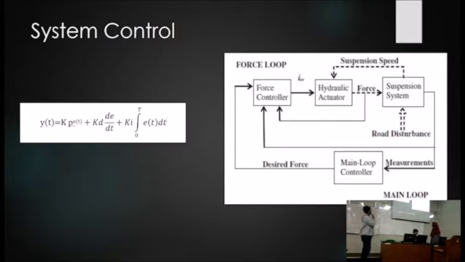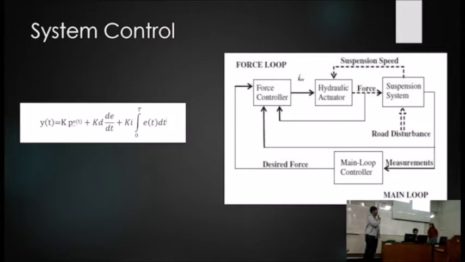First, Y(t) equals Kp, which means Kp is the proportional gain, e(t) is the error function that changes with time, and then Kd is the differential gain, and Ka is the integral gain.